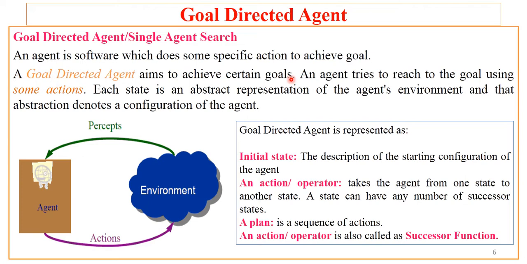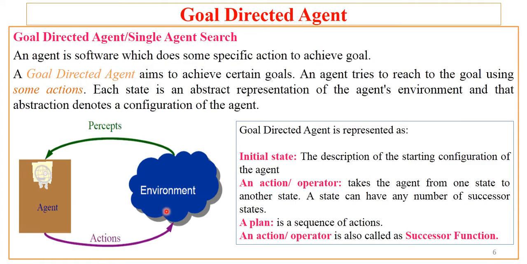which require some intelligence. Here an agent tries to reach the goal using some actions, which we already seen. Each state is an abstract representation of the agent's environment, and that abstraction denotes a configuration of the agent. To understand this, let us see this diagram where I'm pointing here, that here is the agent program which works in a certain environment.